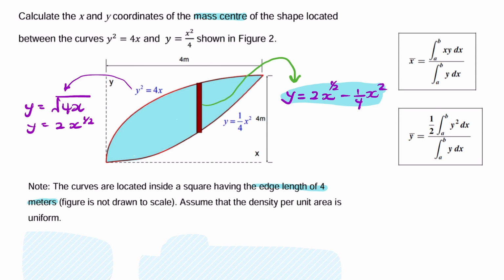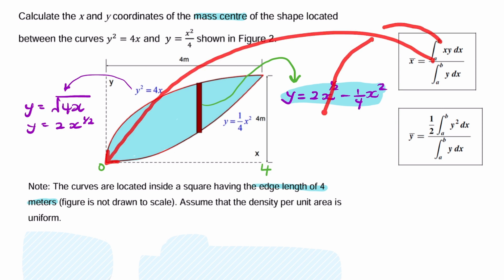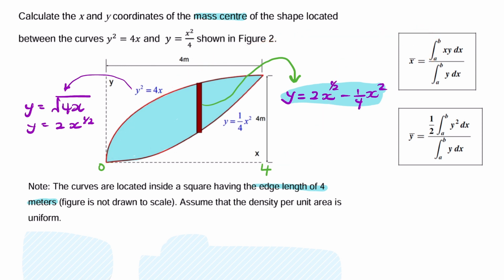Or an easier way to do it is to put 0 here and 4 here. So a will be 0 and b will be 4. So what we need to do is find 4 integrations. 1, 2, 3, 4. And luckily this one is the same as that, so it's really just 3 integrations.